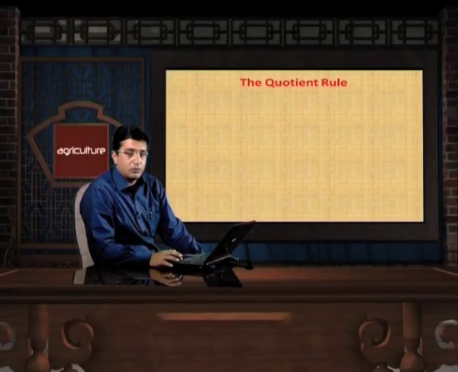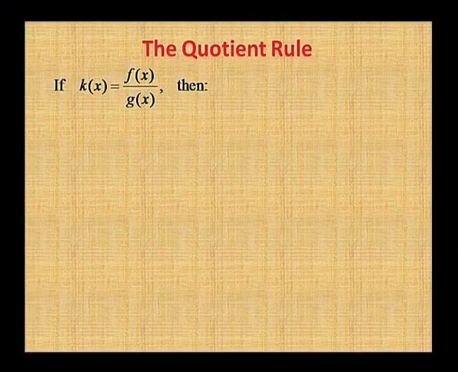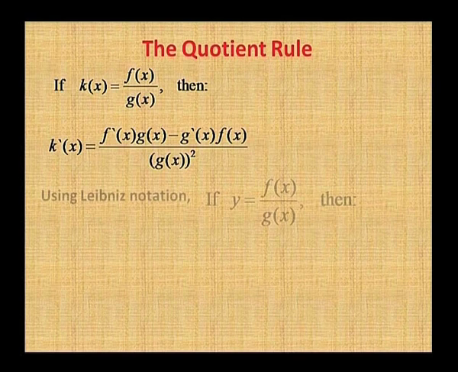Now we are going to discuss the quotient rule. If a function k x is equal to function f of x upon g x, then differentiating k x, k dash x is equal to f dash x multiplied by g x minus g dash x multiplied by f x, upon function g of x whole square.